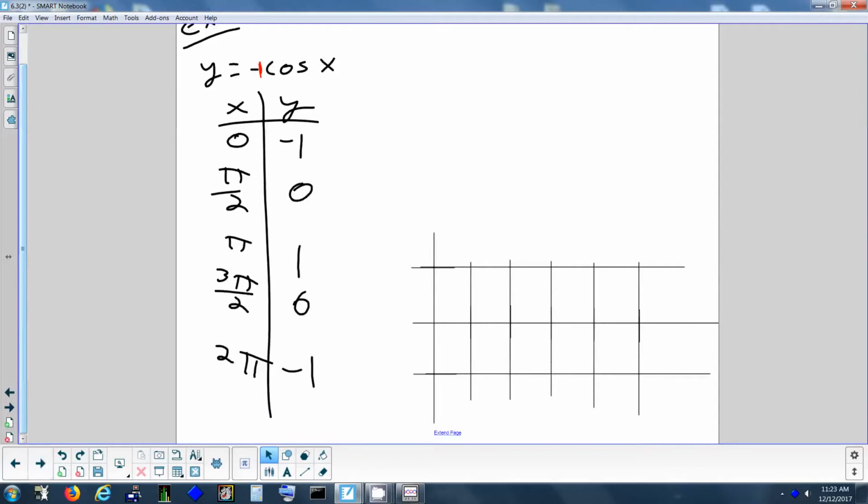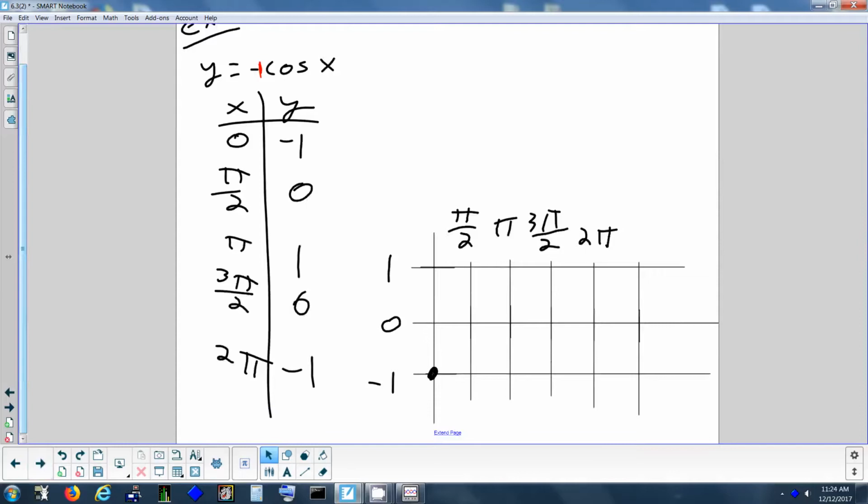Technically, you don't have to label your y-axis here, because I'm going to go by ones. But if you want to, you could. Definitely need to label my vertical labels. I need those. So pi over 2. Okay, so fill those in.